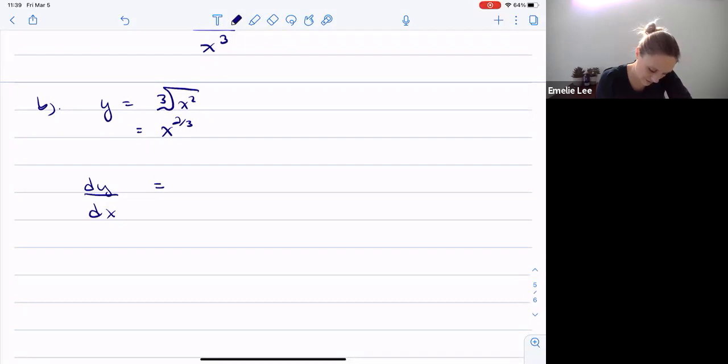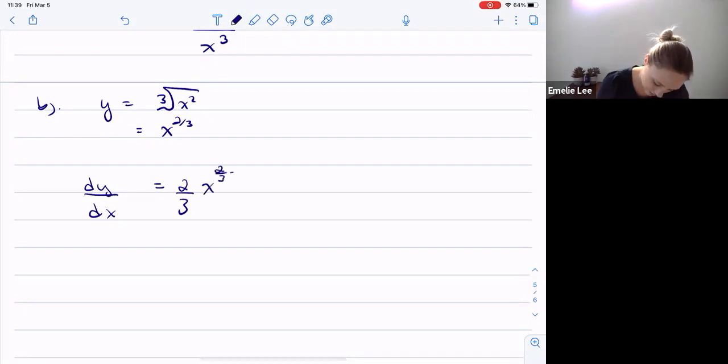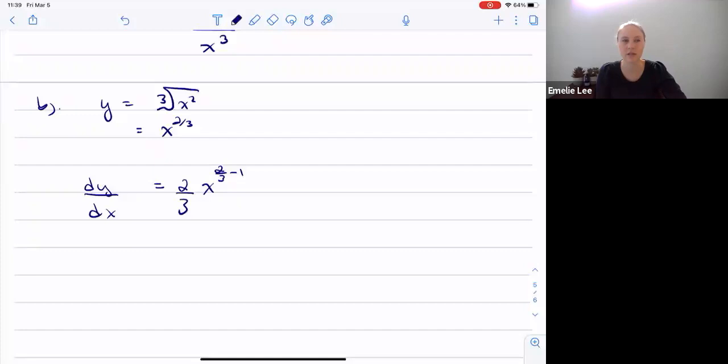Right, I have to bump that. So I just give it a bump. 2 over 3 falls down in front. So it's always the entire power that falls down in front. And then you have x to the 2 over 3, but then minus 1, right?